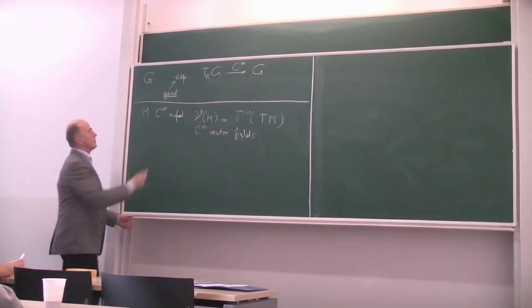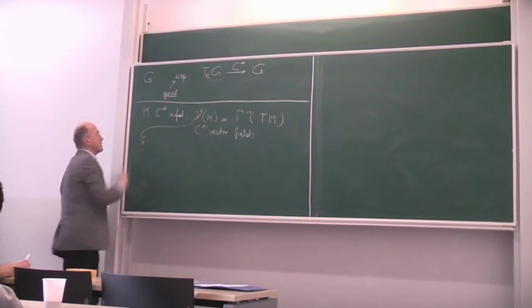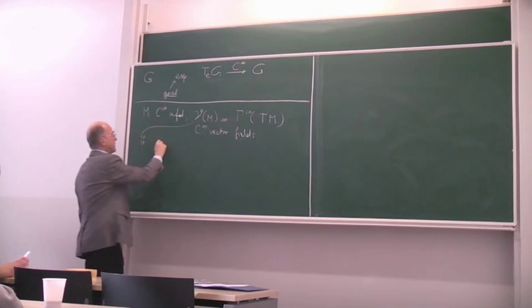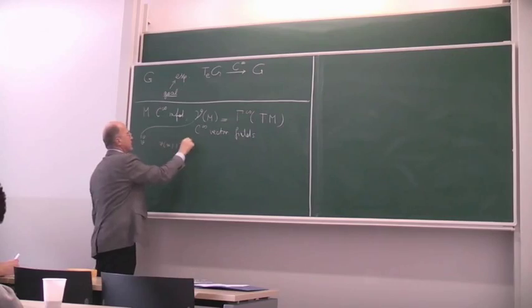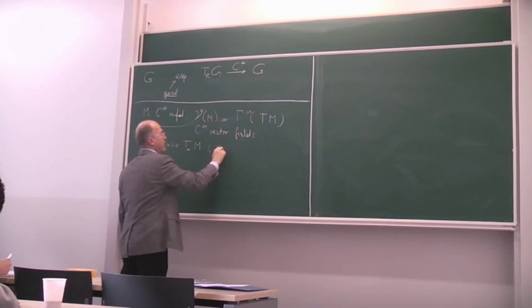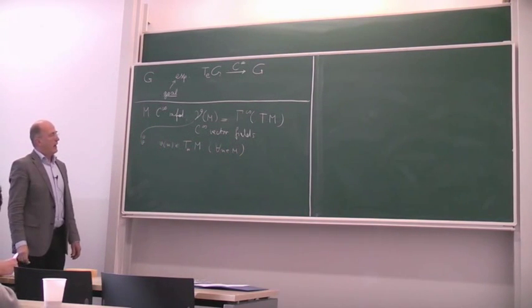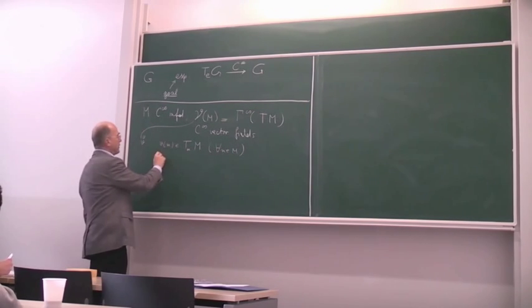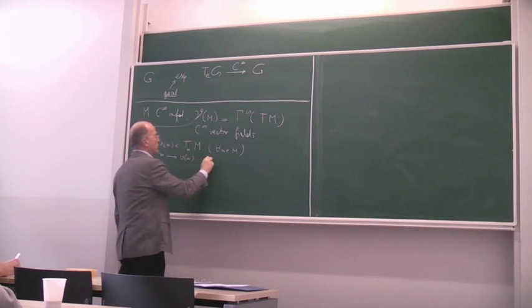And so suppose we have an element V of this space. So what does it mean? It means that V of m is in the tangent space at m of the manifold for all m in M. And moreover, the map from m to V of m should be smooth.